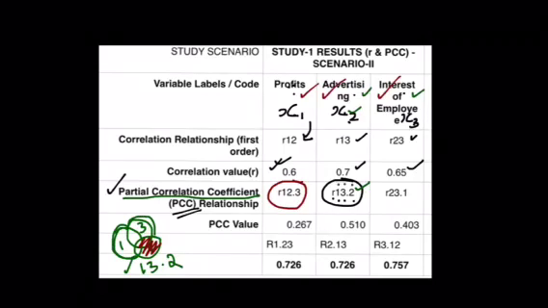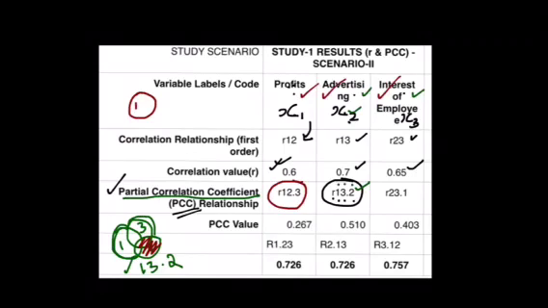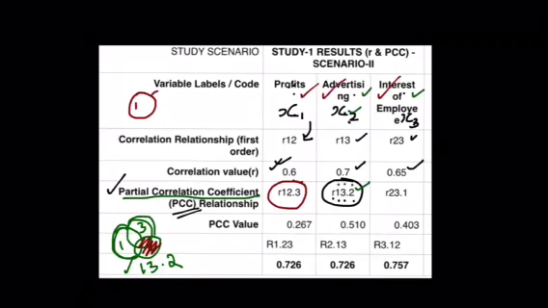So in this case, the PCC 12.3 implicates that we try to see the relationship between profits, understood as 1 here, and advertising, understood as 2 here, while we partial out the influence of interest of employees.